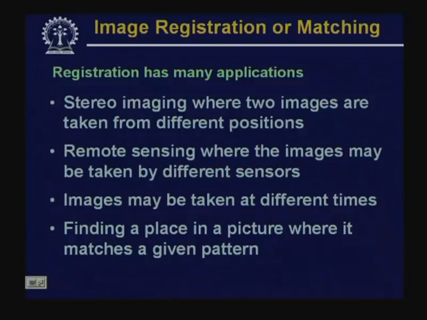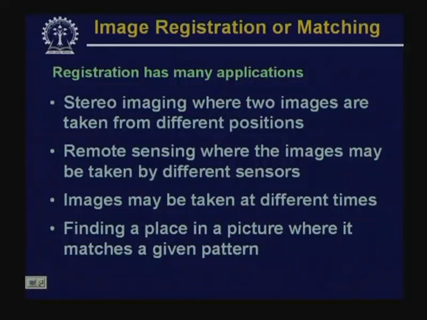This has various applications like automated navigation, where we want to find the location of a particular object with respect to a map. In such automated navigation applications, this pattern matching or template matching is very important. So, image registration methods have various other applications which can be exploited once the registration techniques are known.